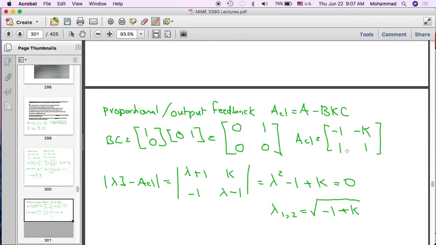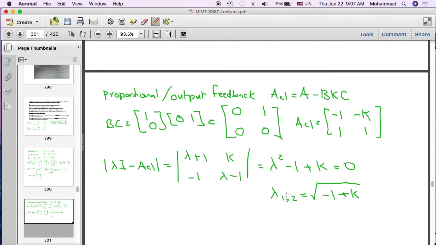And then lambda I minus A, so lambda plus 1, k, minus 1, lambda minus 1. So lambda squared plus lambda minus lambda, minus 1 minus k. So that's correct. So the mistake that I have is in here. When these go to the other side, the sign changes. I apologize. Let me correct the sign. So this is positive and this is negative, because they go to the other side before taking the square root. So lambda 1 and 2 is the square root of 1 minus k.